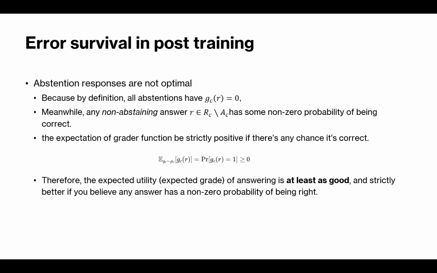Yeah. So did they give any reasoning for why they are penalizing the model when the model abstains? It's like the binary grading, right? So this is the way you train the model.